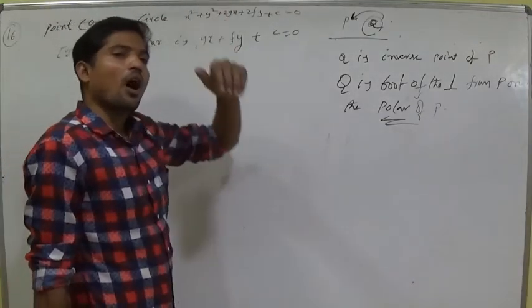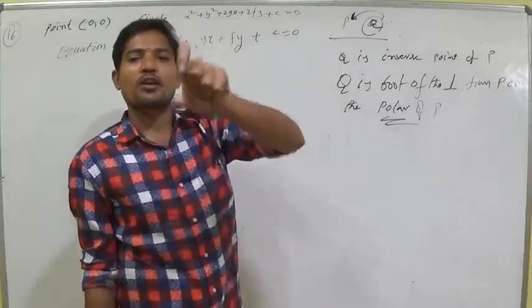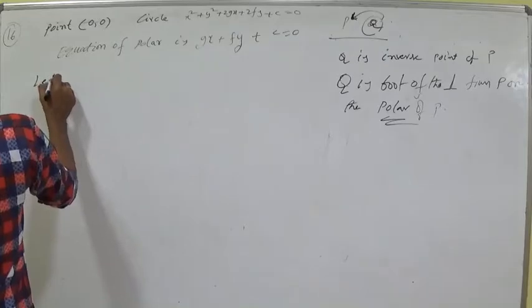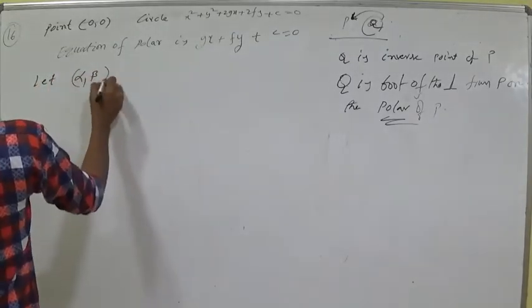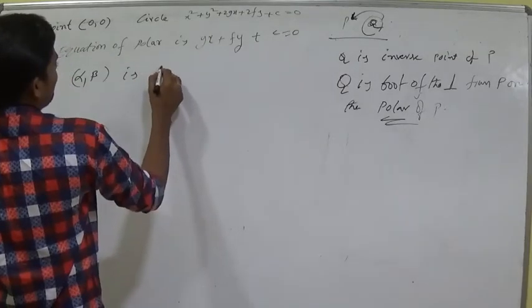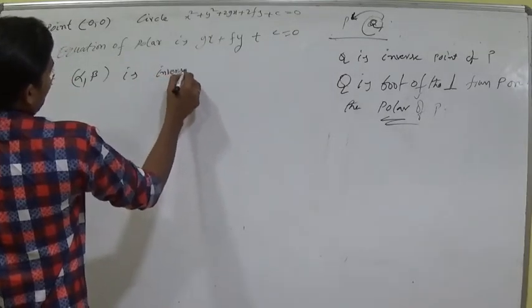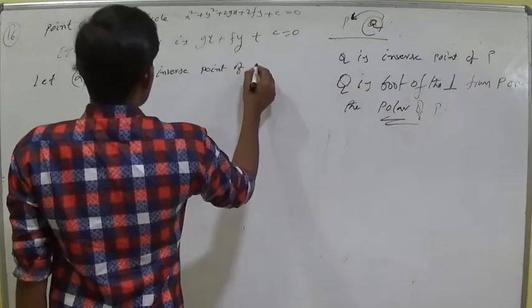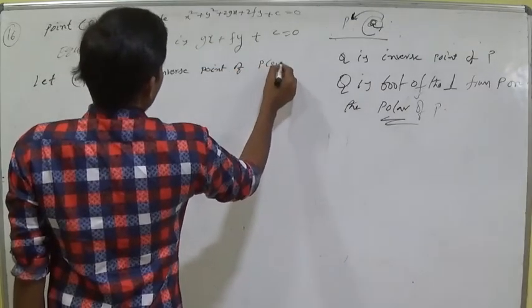Let alpha, beta be the inverse point of P(0, 0).